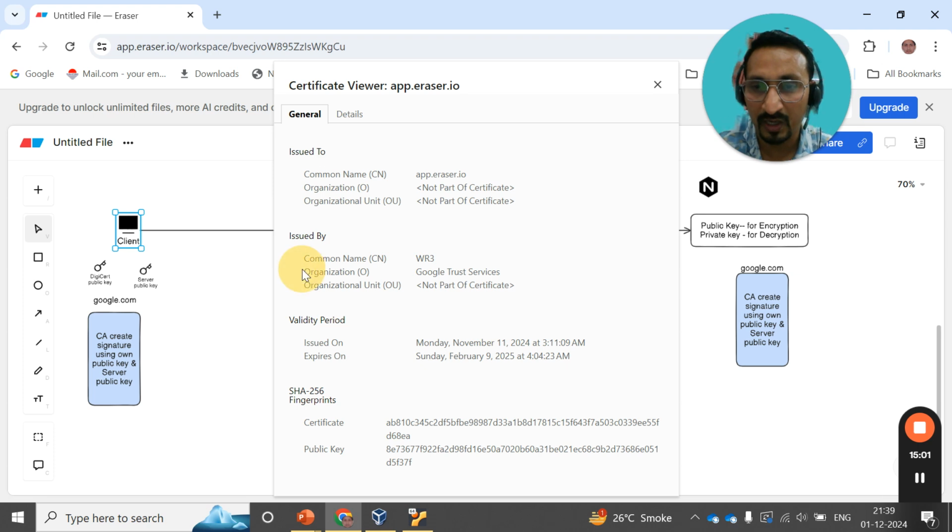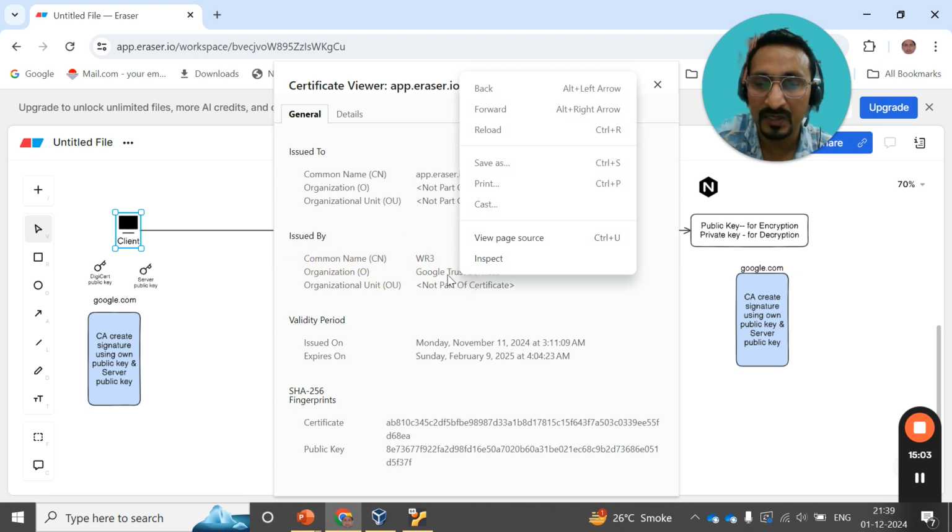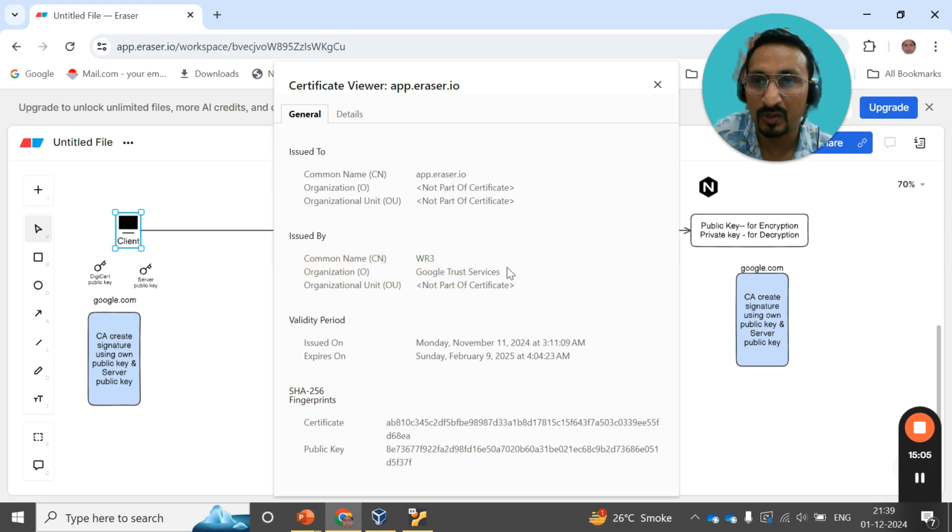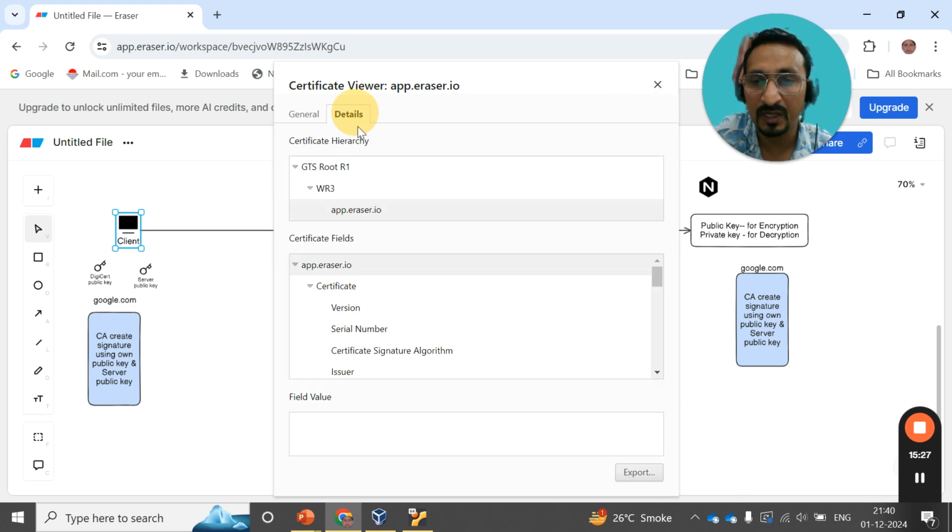Here the organization is Google Trust Services, so this certificate is signed by the CA Google Trust Services. This is the CN name, so the certificate is generated for this domain, app.eraser.io. These are the certificate and public key of the server, and here you can see all the detailed information about the certificate.